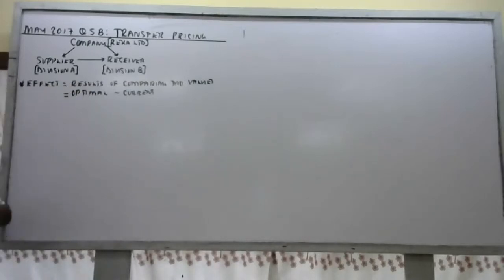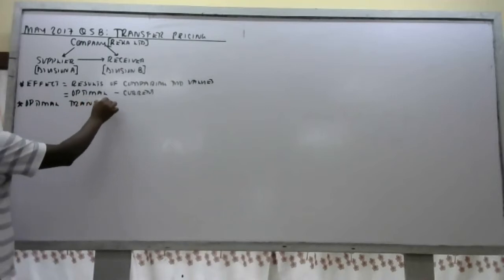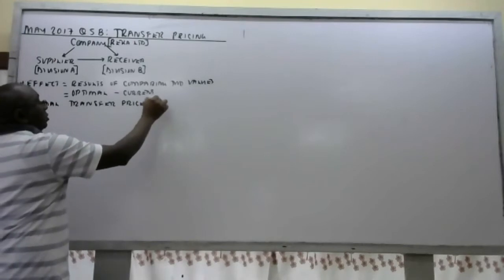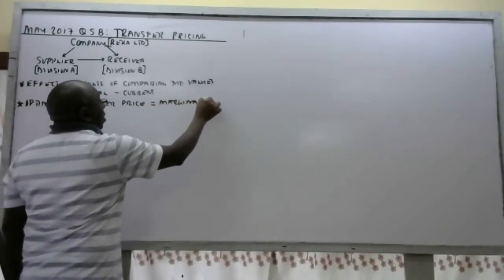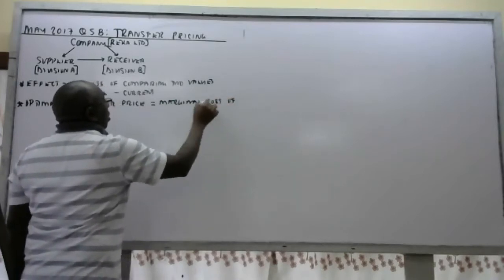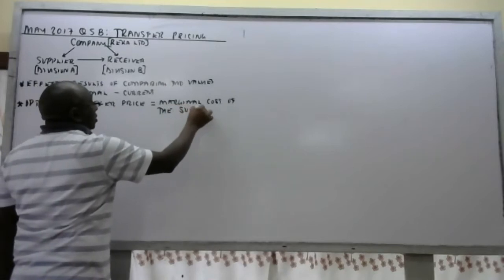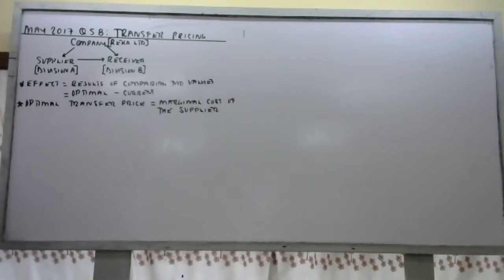So for you to do that, you must come here and say optimal transfer price. Optimal transfer price should be equal to marginal costs of the supply. That is the optimal transfer price.